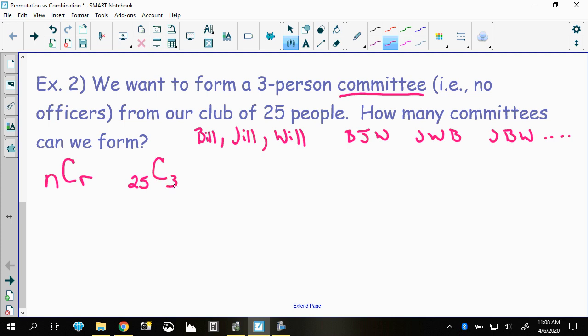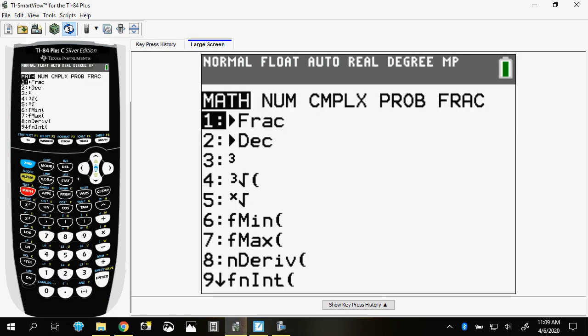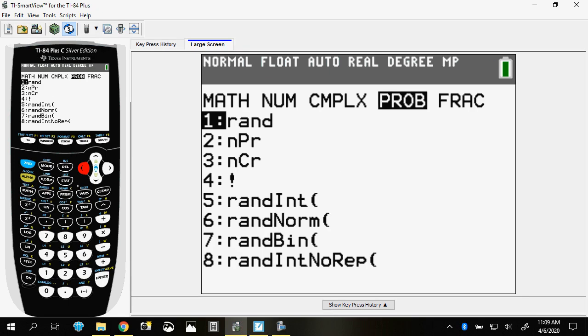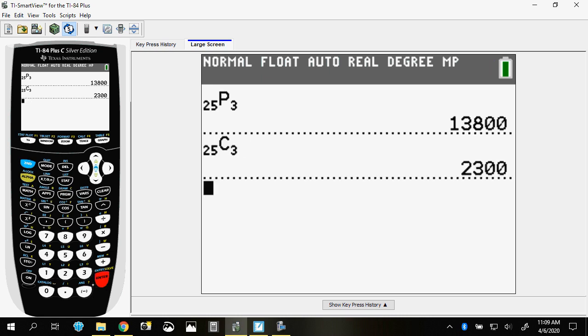So it's 25C3. So when we go to the calculator, this time we're going to go down to the probability menu, but we're going to go down to number 3 where it says nCr. So we're going to choose number 3, and we're going to put in 3 people, and that gives us a total of 2,300.